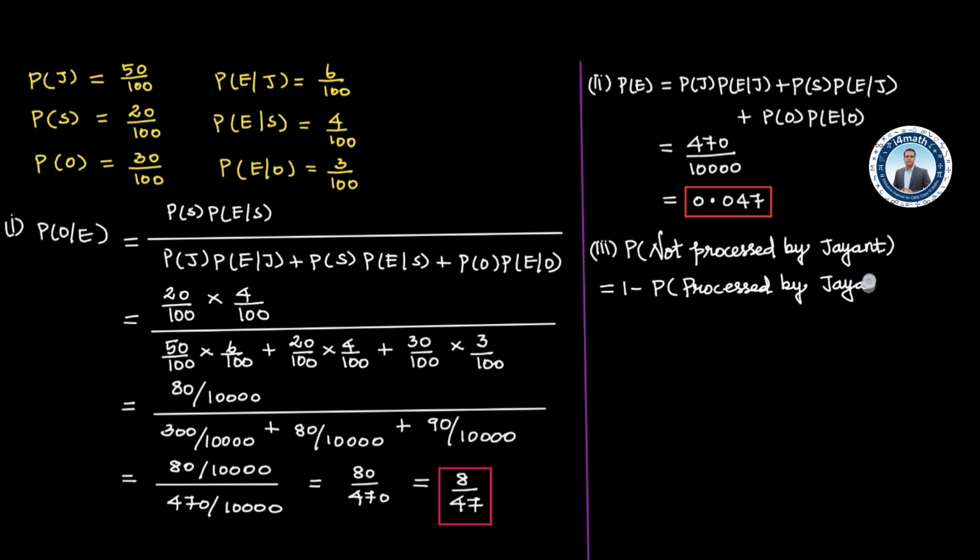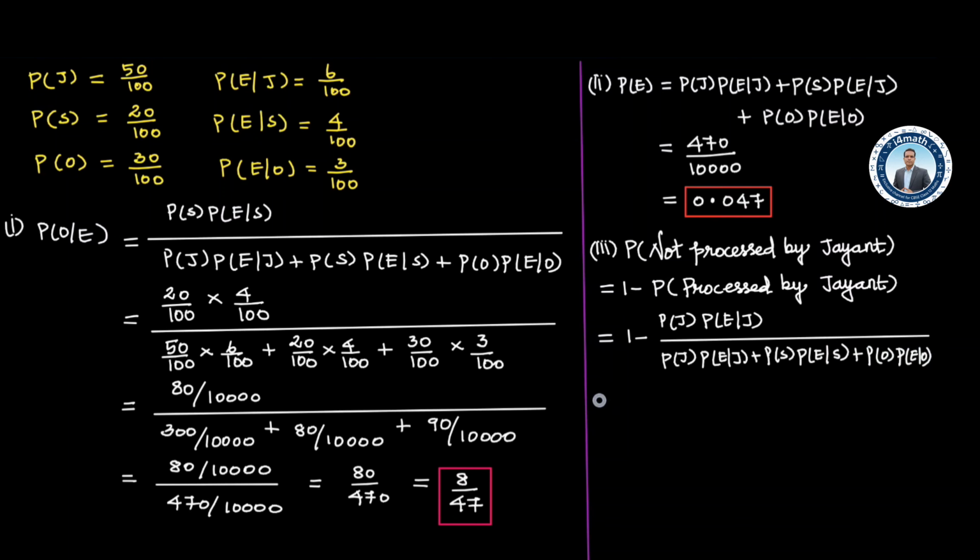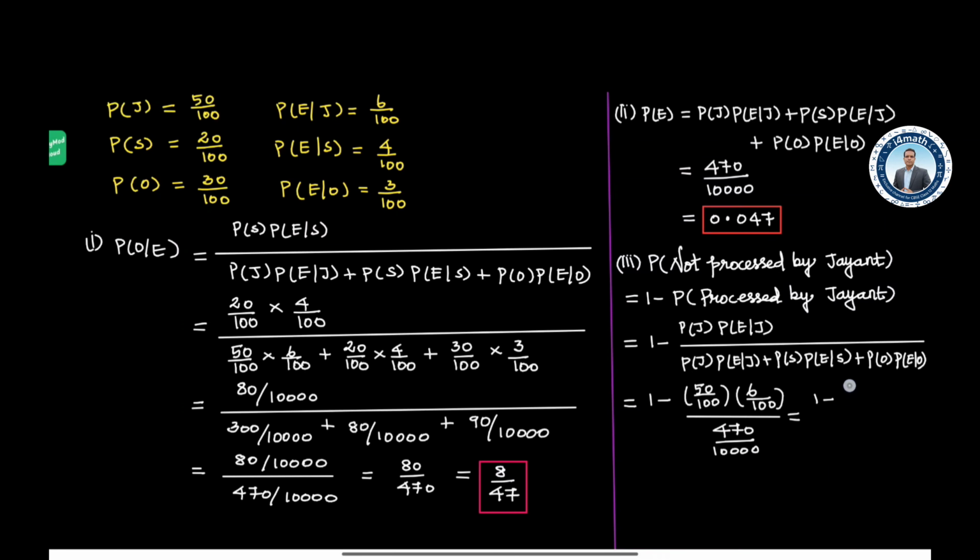by Jayant, which is equal 1 minus probability of J into probability of E given J whole divided by P of J into P of E given J plus P of S into P of E given S plus P of O into P of E given O, which is equal 1 minus 50 divided by 100 into 6 by 100 the whole divided by 470 divided by 10,000, which is equal 1 minus 300, because 50 into 6 is 300, the whole divided by 100 into 100 is 10,000, and then whole divided by 470 divided by 10,000.